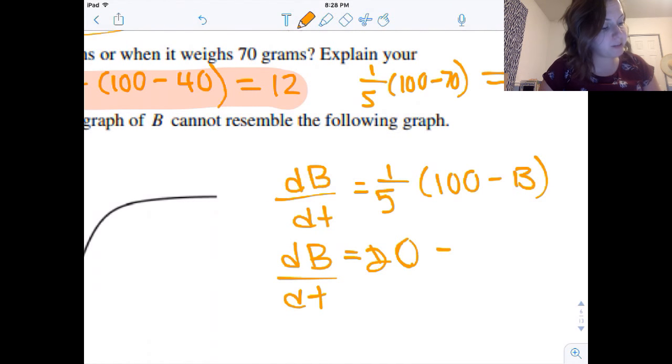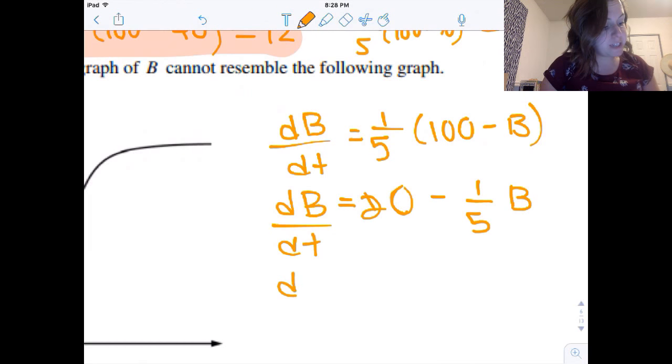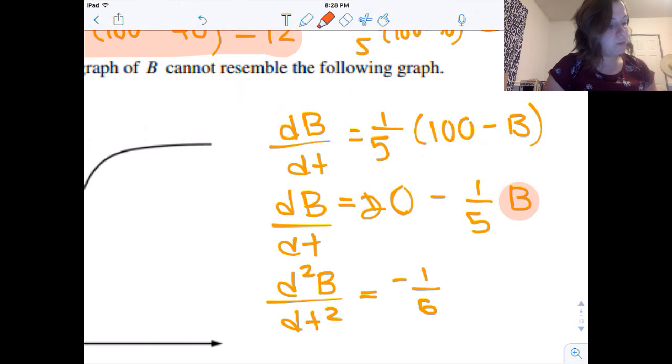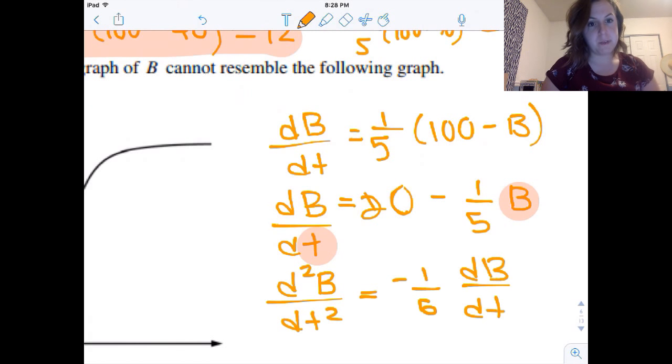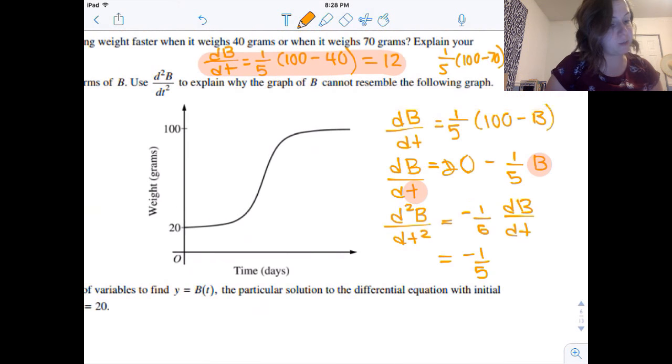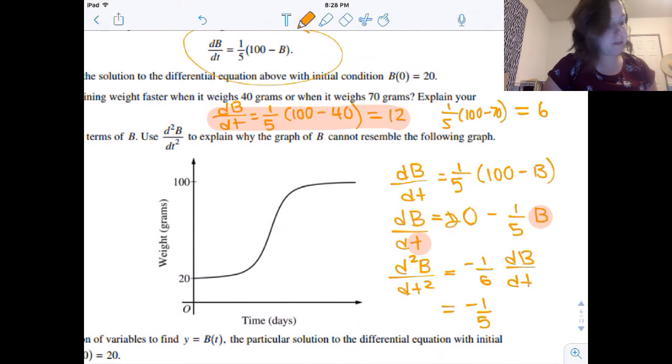So d squared B over dt squared is the derivative of 20, which is 0. The derivative of this is negative 1/5. Now I'm taking the derivative of B with respect to t. So dB/dt. Okay? And so that's going to be negative 1/5 times what I already know dB/dt is, which is 1/5 times (100 minus B).